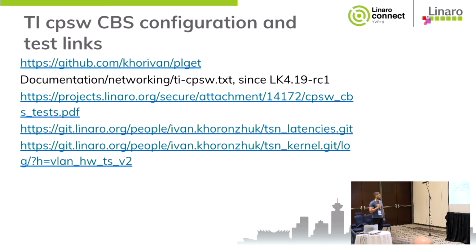You can read it. CBS tests has all the tests we've done at this moment, and TSN latencies is all the data we got, plus scripts to build GNU plot plots. And the next one is just to allow hardware timestamping on the cpsw driver, because it was not initially applied. So that's it.